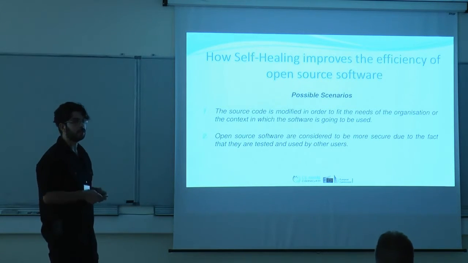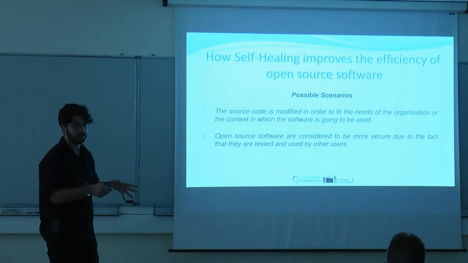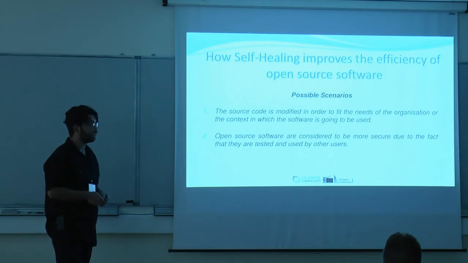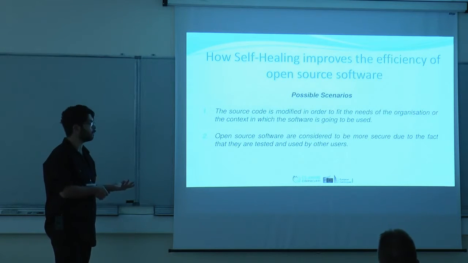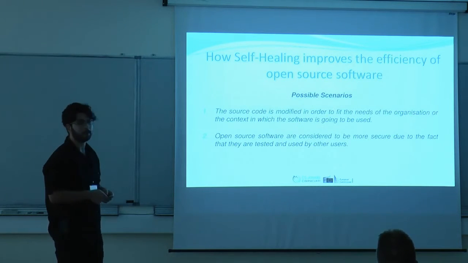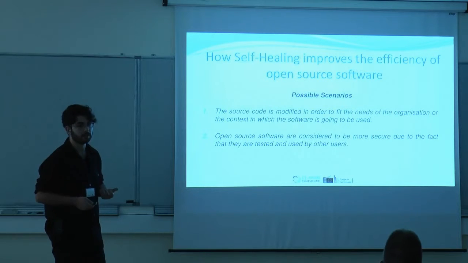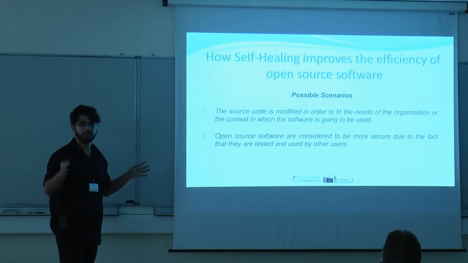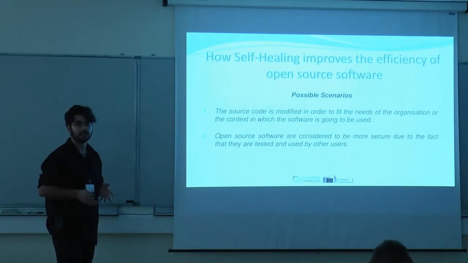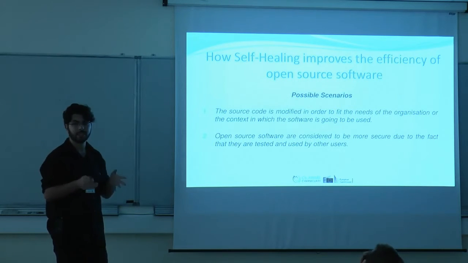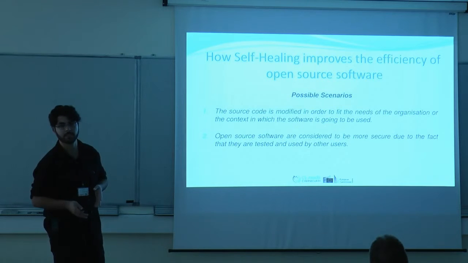But the main thing here is that we modify the software. In that way, it differs from the original software, and the whole maintainability is on us. What self-healing does is it doesn't care what software it is, if it's the original, if it's modified. It only has to do with detection. It detects and it mitigates.